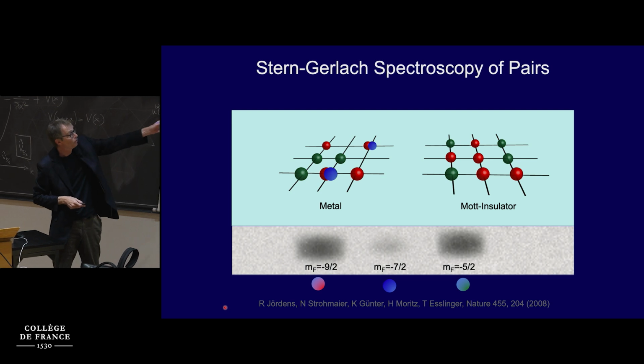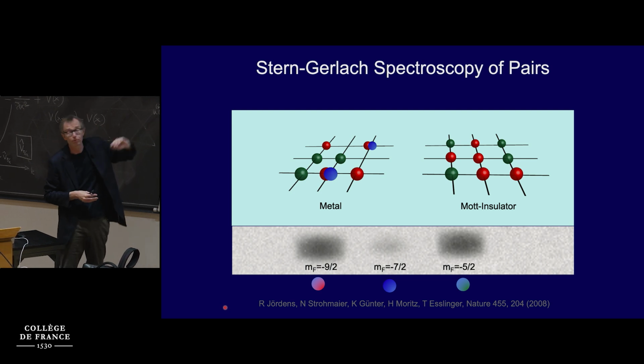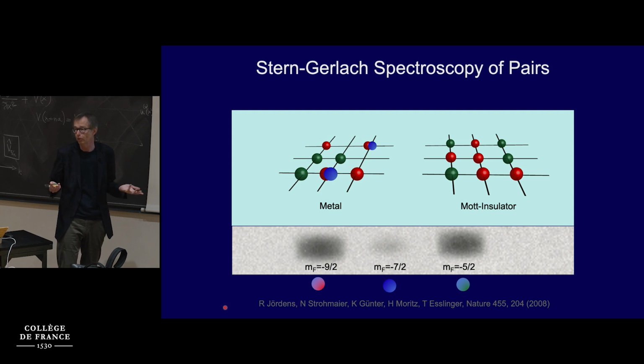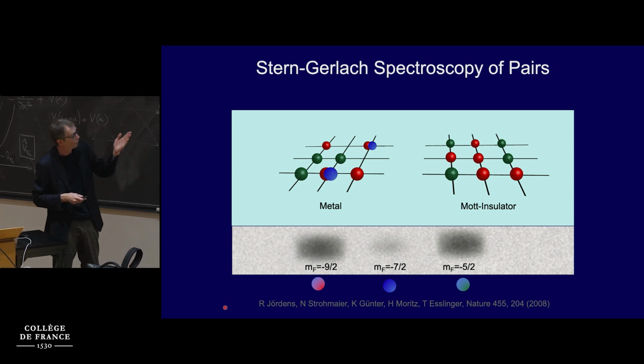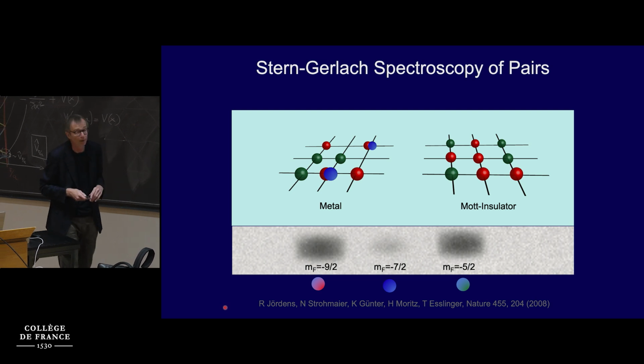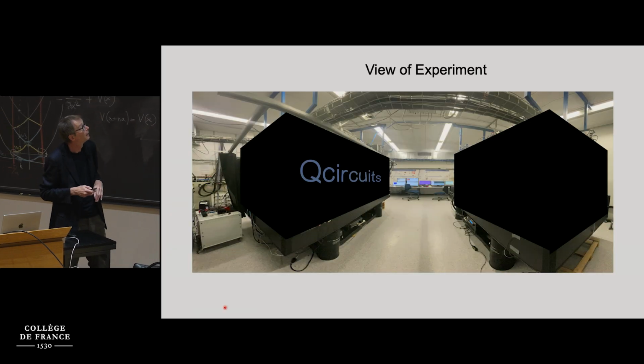And then we can simply use a Stern-Gerlach effect to read them out, and then we can measure the number that we had on doubly occupied sites and those on singly occupied sites. That's how we get a lot of information out of our system.